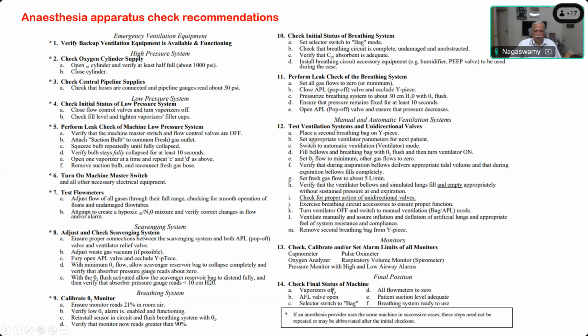And final position, the final status of the machine: all the vaporizers should be off. Airflow valve open, selector switch to both. It can move from bag to ventilator and ventilator to bag. All flow meters at 0, patient suction level adequate, breathing system ready to use. So these are the standard ventilatory checks given in the books.